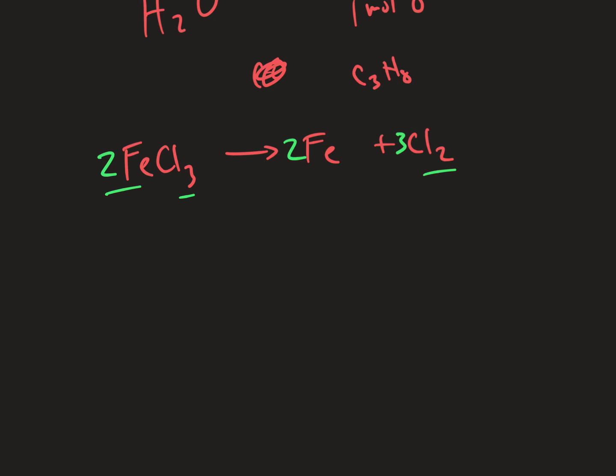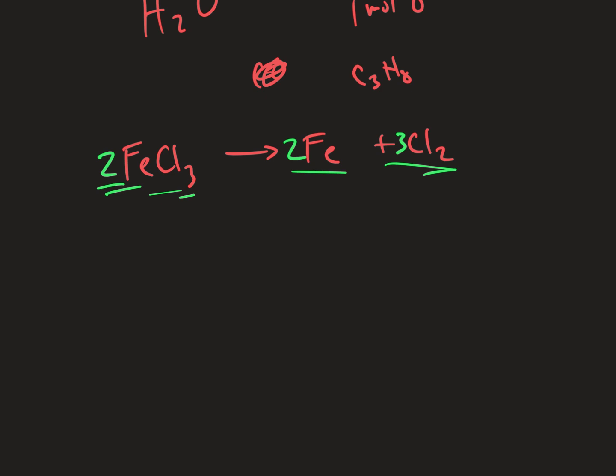But right now, I just did this so that we can know something here. This is 2 what? 2 molecules? 2 molecules of this to every 2 molecules of that to every 3 molecules of that. Is that right? But if we use molecules, we're going to have to use 6.022 times 10 to the 23.